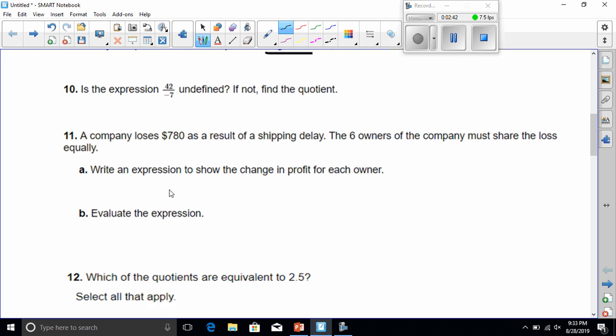Well, that's going to be negative 780, and we're going to divide that by 6. And if those that didn't want to write baby math, yes, you could have put negative 780 over 6. And I will give you credit for that as well. They do mean the same thing.